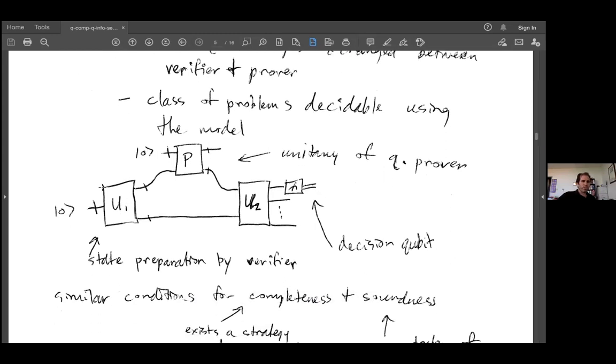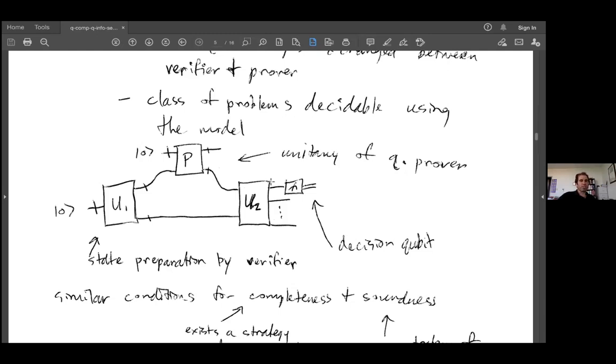So first, the verifier is allowed to do a state preparation according to some unitary, and send some number of qubits to the prover, who then acts with a unitary on some ancillary qubits as well that can be allowed, and sends some number of qubits back to the verifier, who does another computation according to a circuit, which in many cases is going to be some kind of test. Later on, we're going to see a test for entanglement.